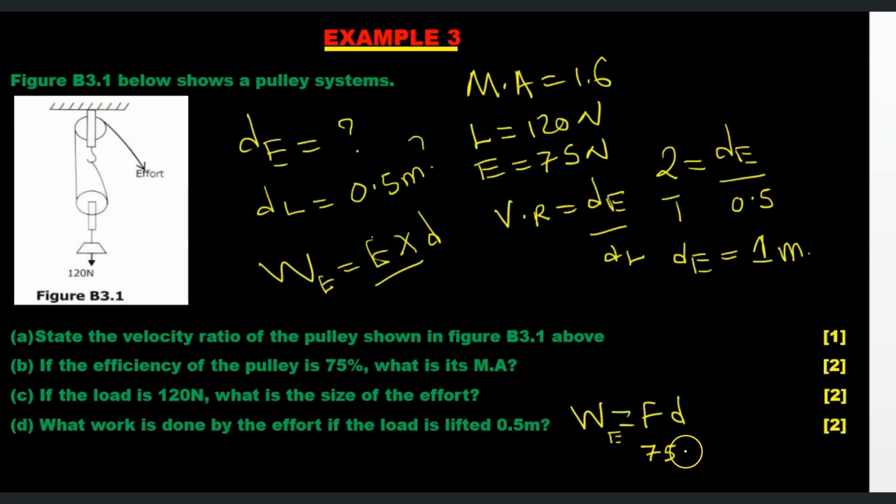The effort that we found is 75 multiplied by the distance, which is 1 meter. And therefore, the work done by effort is 75 joule. So that is the answer. This one brings us to the end of today's class.